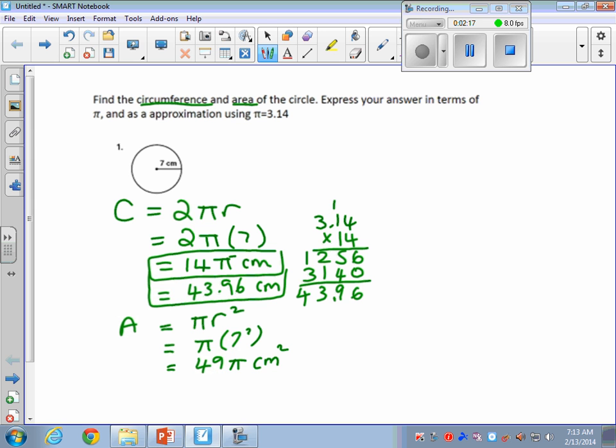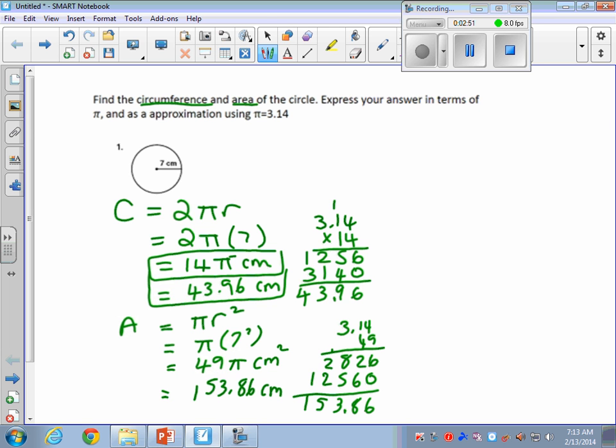And then when I multiply that out, 3.14 times 49, two numbers after the decimal, 153.86 centimeters squared. So there are my two answers in terms of pi, and figured using pi as 3.14.